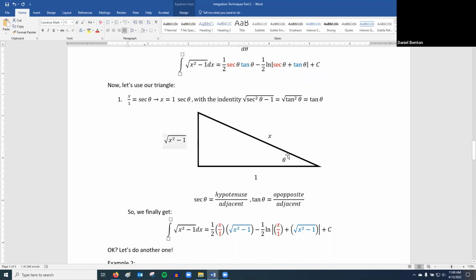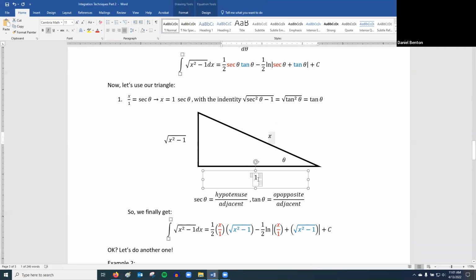Let's just look at our triangle and use the ratio for it. If x is secant theta, secant is hypotenuse over adjacent. So hypotenuse over adjacent is x. So put x on the hypotenuse and 1 on the adjacent. And then the opposite is going to be the square root of x squared minus 1. So secant is x over 1.